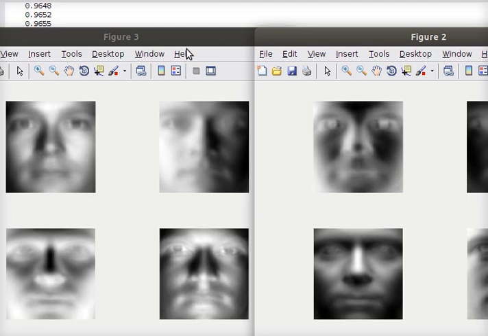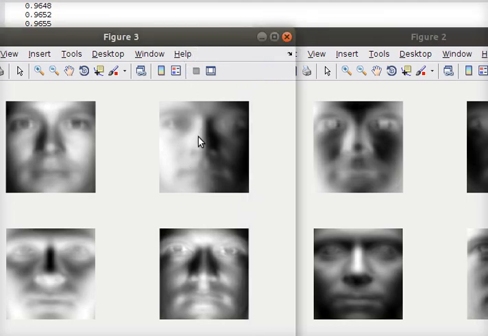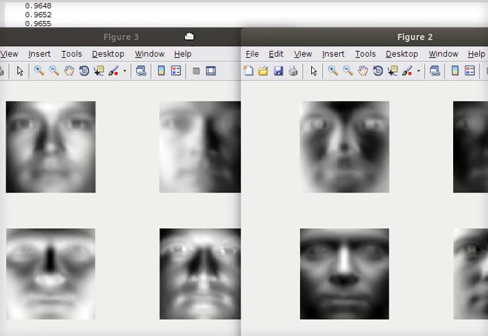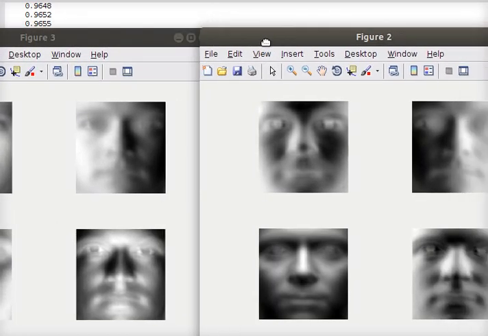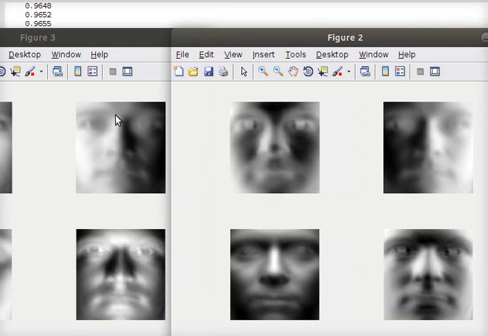And I think in the photographic negative, in the second image, you can really see the difference, right? If you're using the negative of the second eigenvector, you're working on the left side of the face, and if you're using the positive of that eigenvector, you're working on the right side of the face.